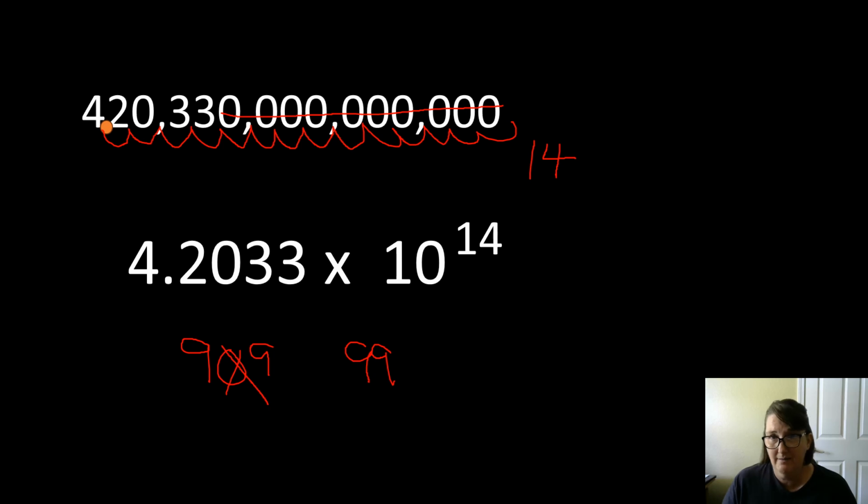Would that make sense? No, you would expect $909, not 99. That 0 makes this value real. So if you have a 0 between two whole numbers, it needs to stay. If it's after the whole numbers, it will be dropped.